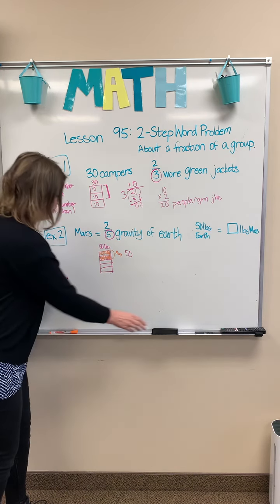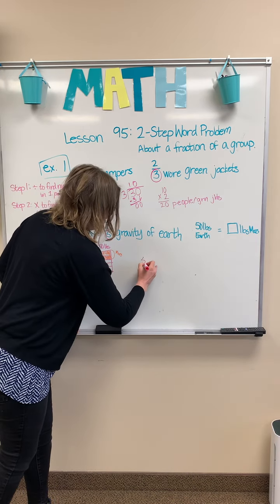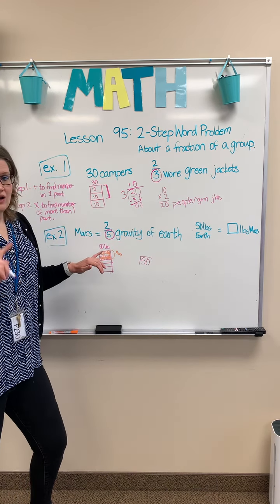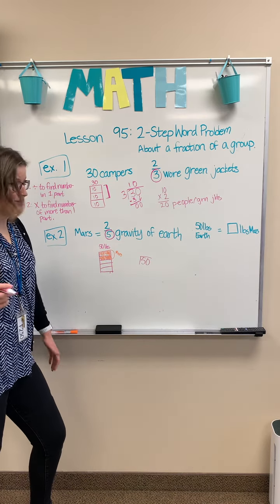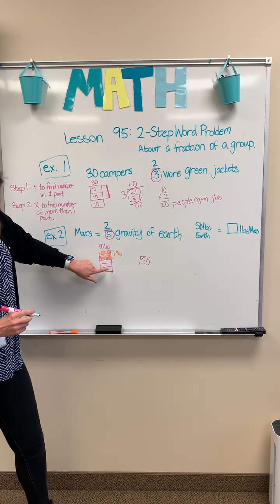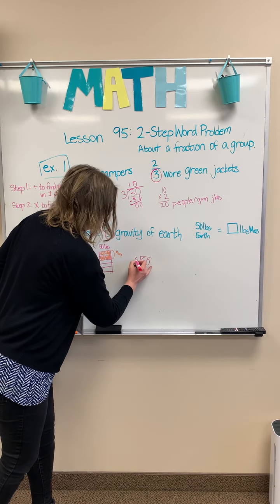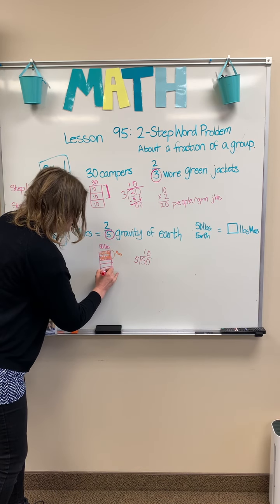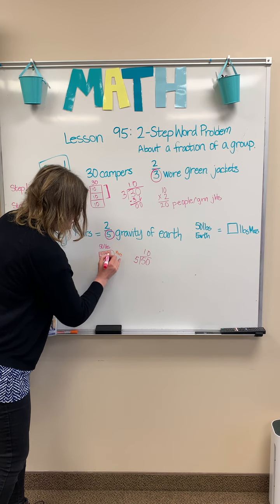So we take our 50 pounds, and once more, these are really nice and even multiples of 10. It won't be that way next year, but for now, we're going to appreciate it. So we take our 50 and divide it up into 5 parts. 1, 2, 3, 4, 5. We know that goes into 10, so each one of these parts represents 10 pounds. 10, 10.